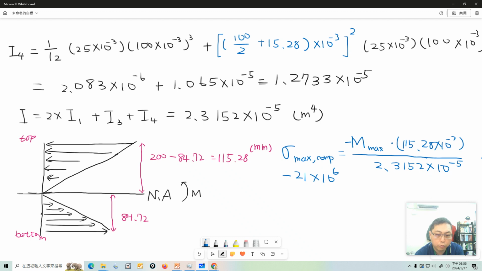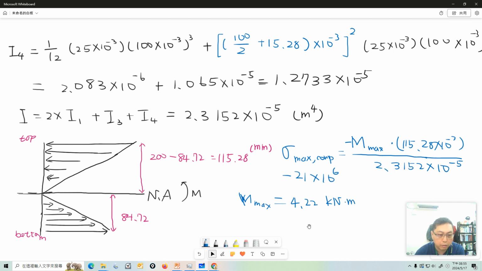If we use the maximum allowable compressive stress, we will have a maximum moment of 4.22 kilonewton meter.